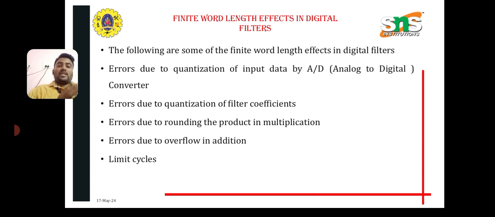The finite word length effects are a fundamental consideration in the design and implementation of digital systems. By understanding and mitigating the effects, engineers can develop systems that maintain high performance and accuracy despite the limitations imposed by digital representation.